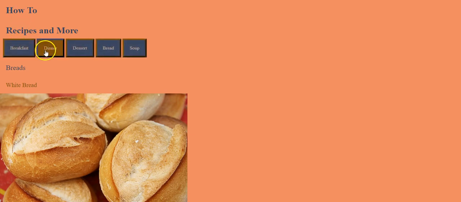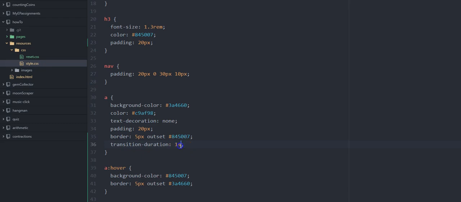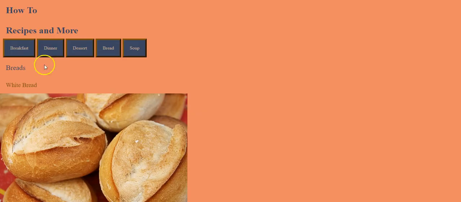Whoa. That's a little slow, but then it's not instant and sudden. You can do something like 0.3, just to make it a little nicer on the eyes. Okay, it's much more subtle there.